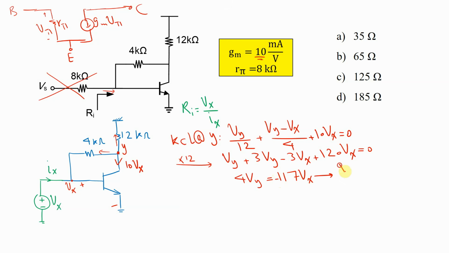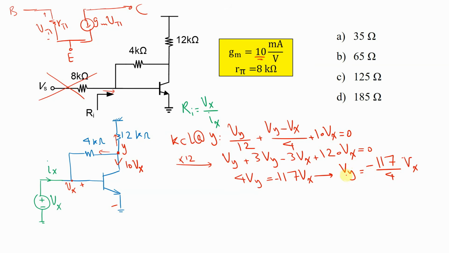So Vy equals minus 117 divided by 4 Vx. This is our calculation.